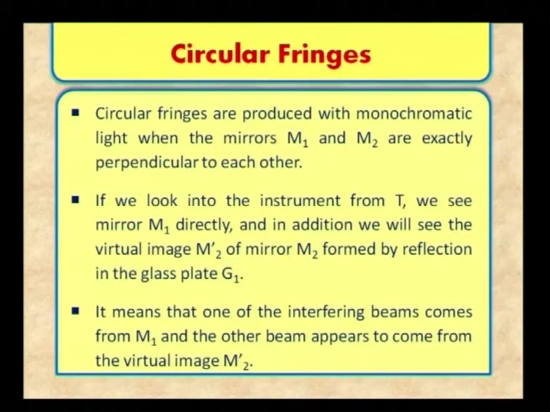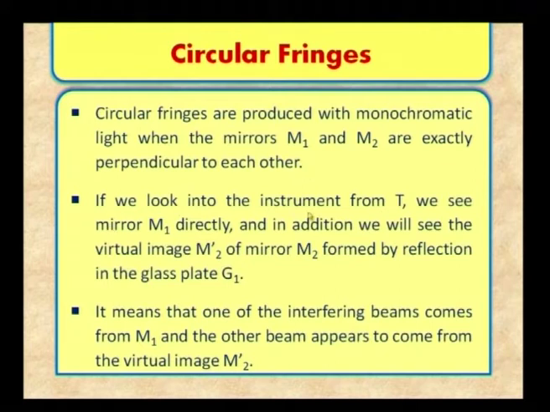The circular fringes, as we have seen, and by now you should be having a very good idea as to under what condition you will be getting stable circular fringes in the case of Michelson's interferometer. The circular fringes are produced with monochromatic light when mirrors M1 and M2 are exactly perpendicular to each other. They should be perpendicular to each other.